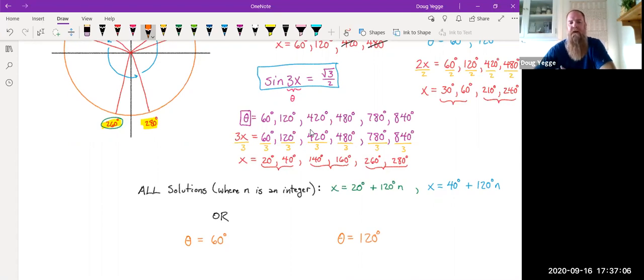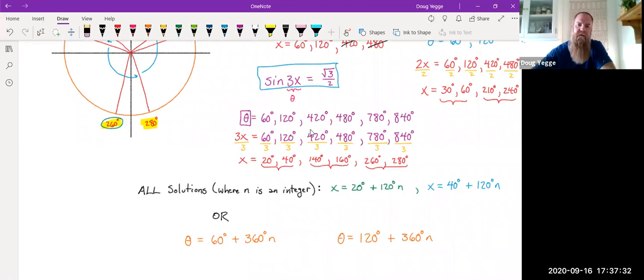Now, there was no way for me to add one particular angle to get from 60 to 120 and then back again to 420. So that's why we just take the first quadrant angle and add 360 degrees times n. Or we take 120 degrees, the second quadrant answer, and keep adding full rotations to that.